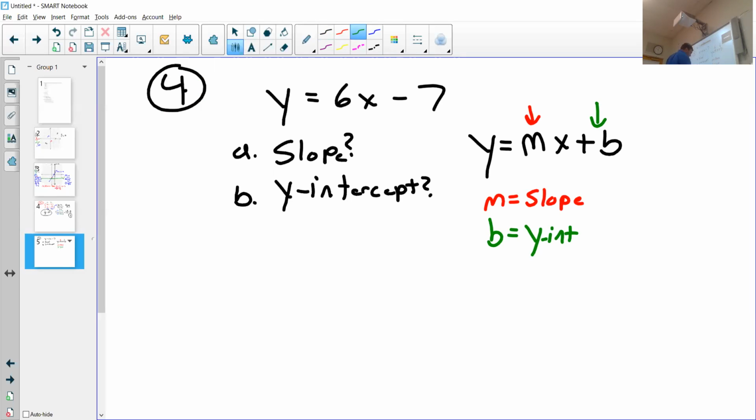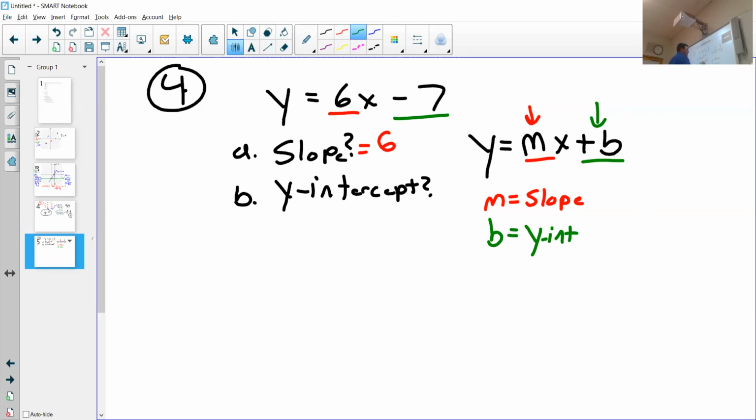If that's true, then I could look at the equation here and quickly find out what my slope is. It's the number next to x. The number next to x is 6, so my slope is 6. My b is the number by itself. In this case, it's -7.